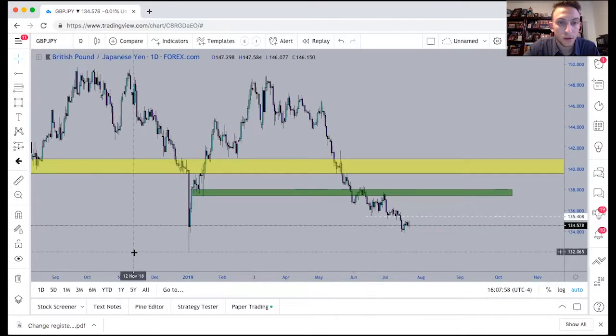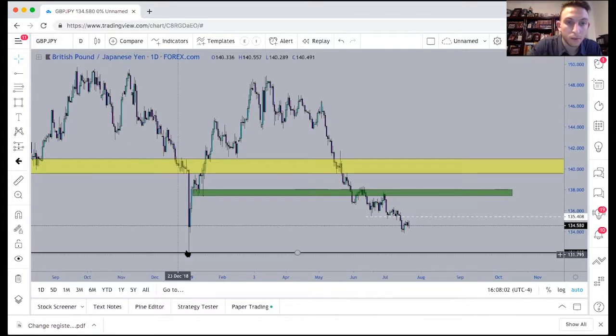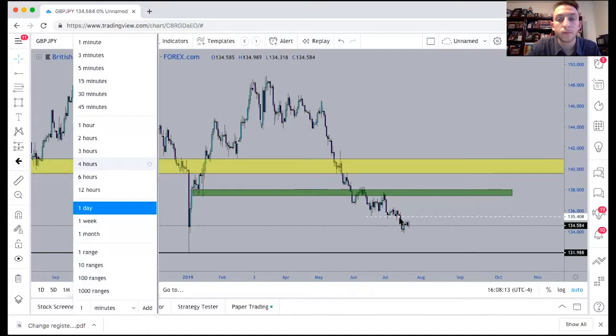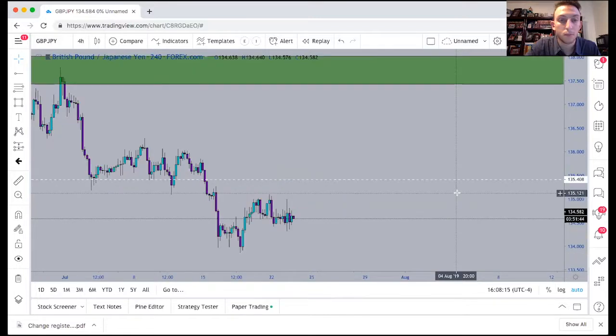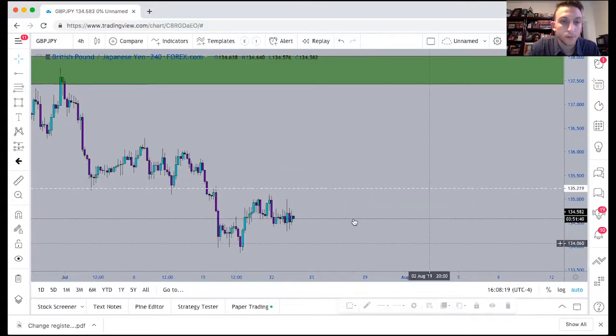We're going to mark that area right there because this is an important fundamental zone. This is an important area of demand where literally as soon as price hit 132, price completely snapped in the opposite direction. So we know that's an important demand zone. We can modify this pivot a little right here.